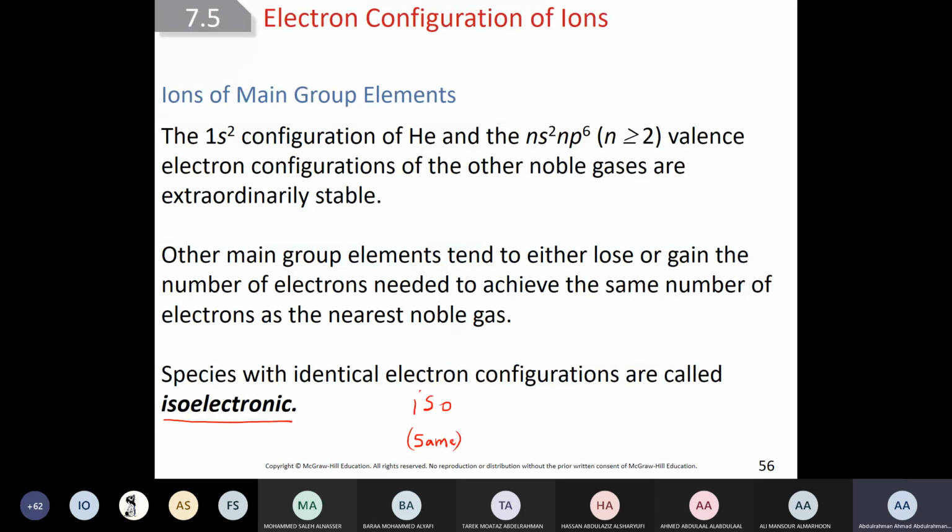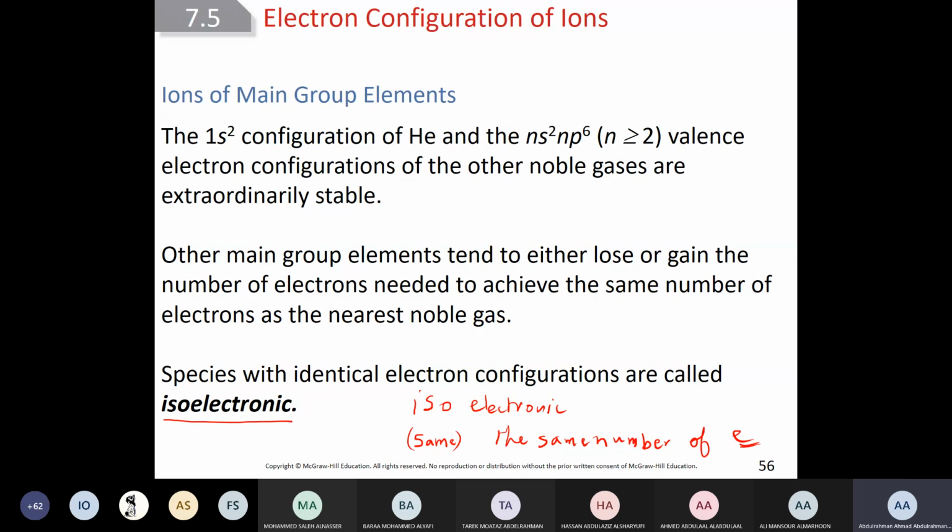And everybody knows what electron is. Iso-electron means what? The same number of electrons. Same number of electrons.